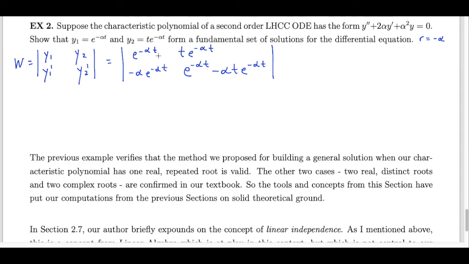Here are all the ingredients that we've been given. This is my y1, this is my y2, the appropriate derivatives. Here, for the derivative of y2, I needed to apply the product rule. Let's go ahead and take the determinant of this little 2 by 2 matrix. This first product, I've just left as it is.